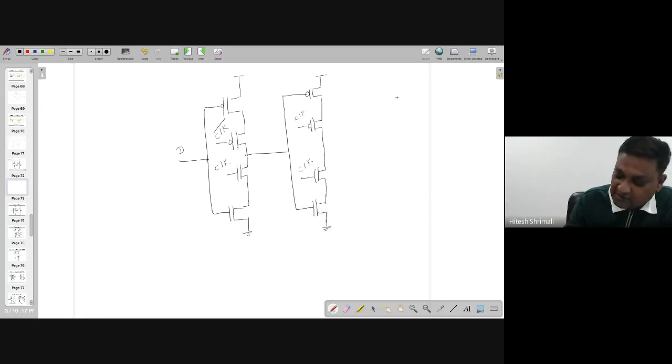So this is the C-square MOS technique, which is clock skew insensitive, where there are PMOS and NMOS at the top and bottom.